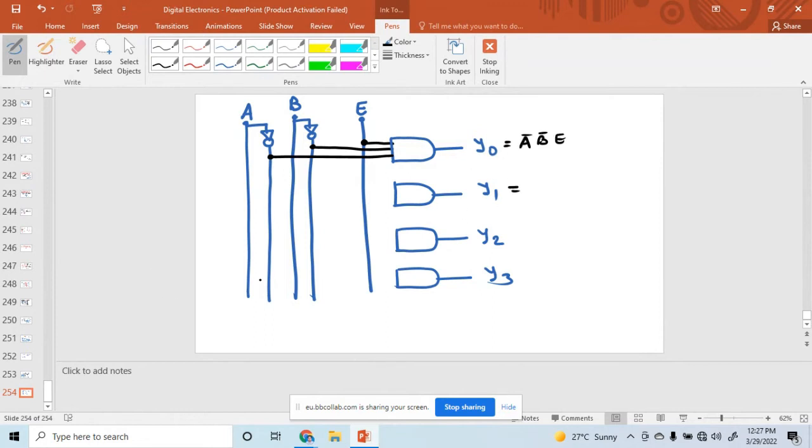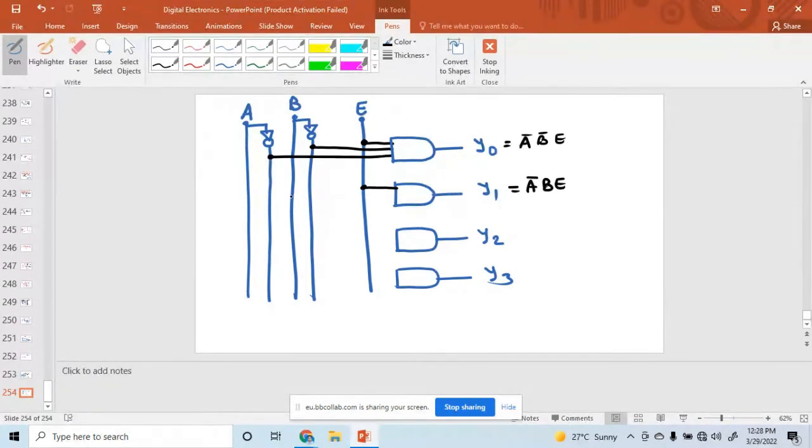Similarly, the second output is a bar, b, e.